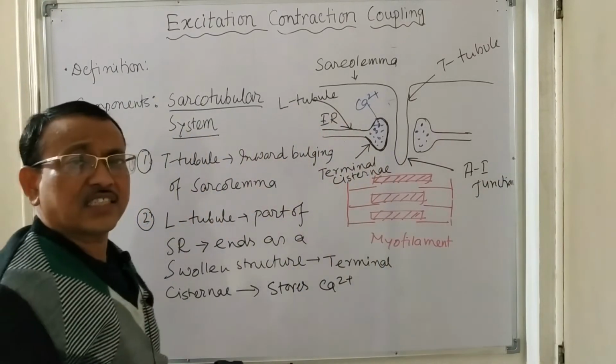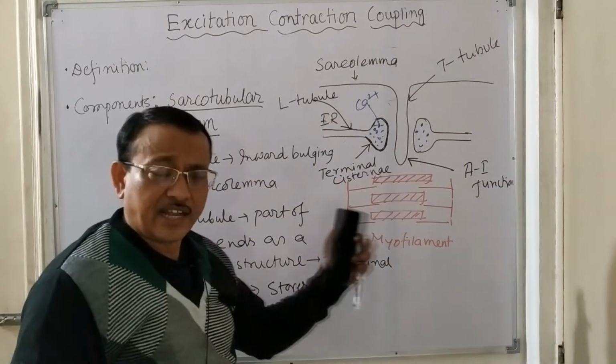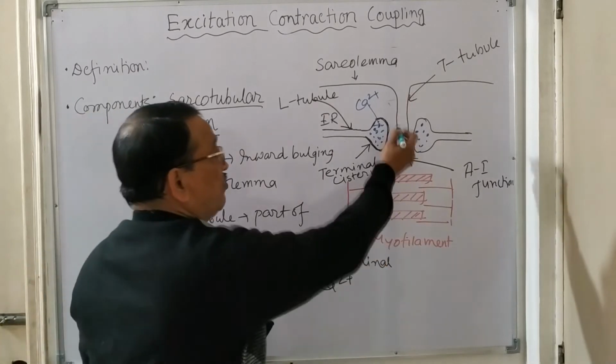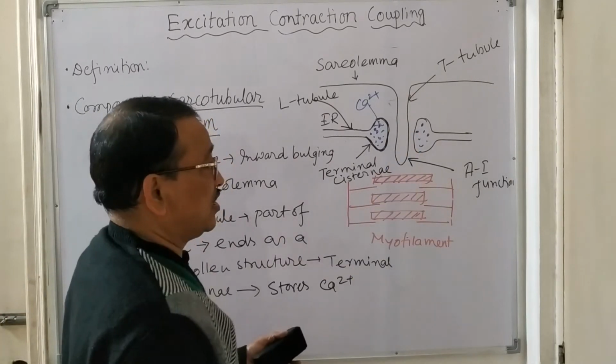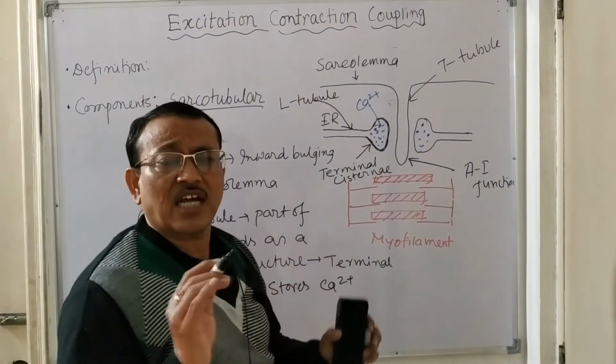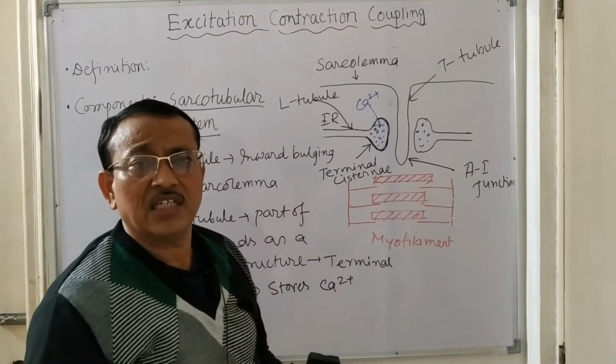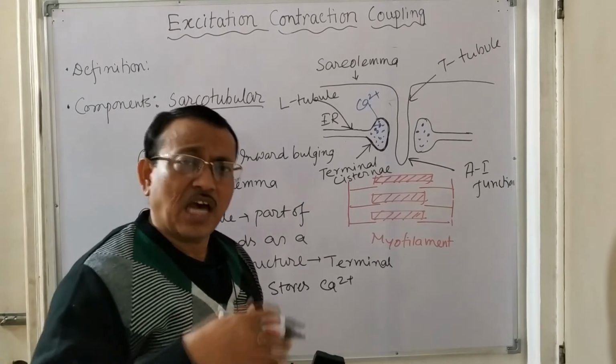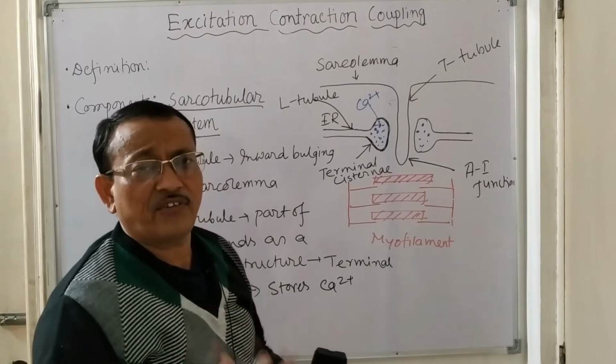What is the AI junction? That I will discuss in another video. So it invaginates at the AI junction in a sarcomere, which is the structural unit of the muscle. Details of these things I will discuss in another video.